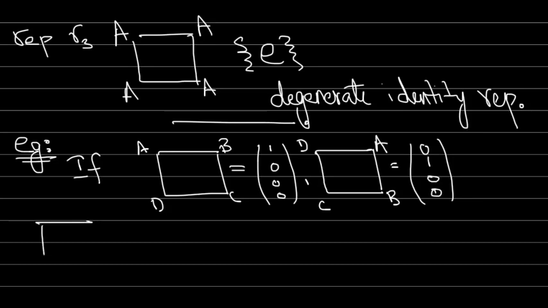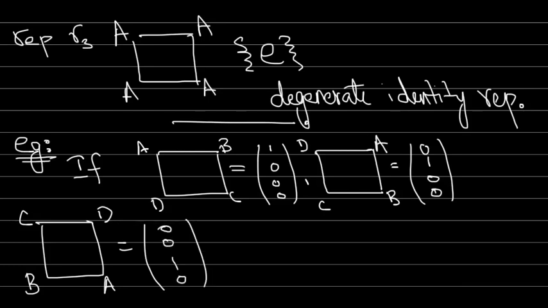And likewise, I perform another rotation that causes the labels to shift like this, and this I say is 0, 0, 1, 0. So all I'm doing is bringing this one down one by one, right? So you get it? Okay.